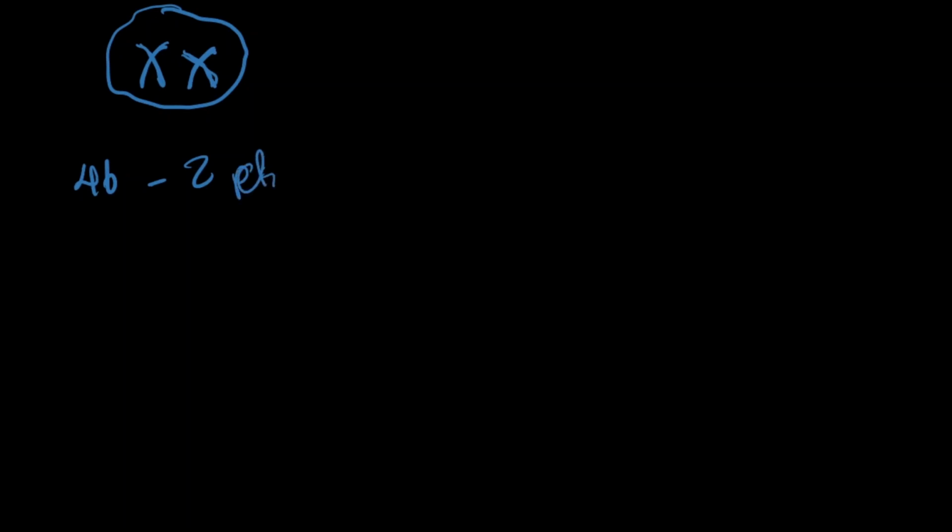Just to visualize what happens, we'll take this to be the primary oocyte, and we have 46 chromosomes, but we'll take two chromosomes representing these 46 chromosomes. So we have 46 chromosomes here represented by two chromosomes.